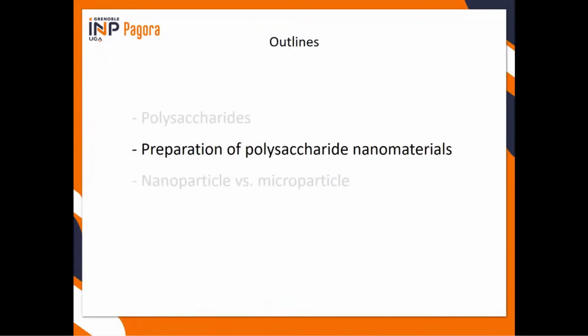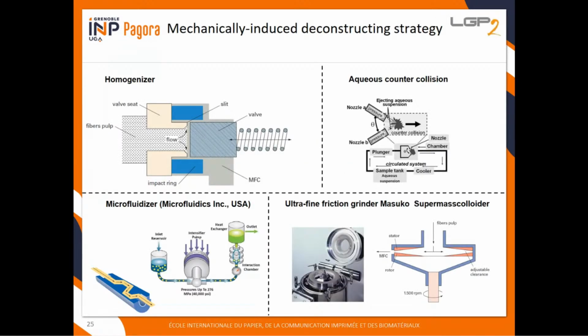So, preparation of nanomaterials from these polysaccharides. There are mainly two strategies to prepare nanomaterials from cellulose, for example. The first one is based on a mechanical treatment.